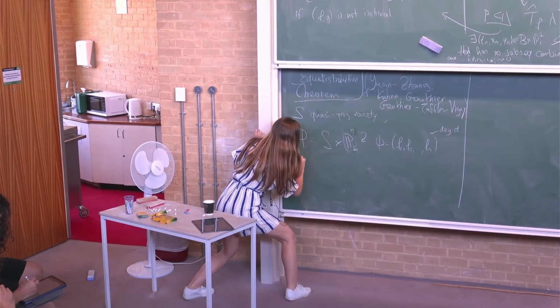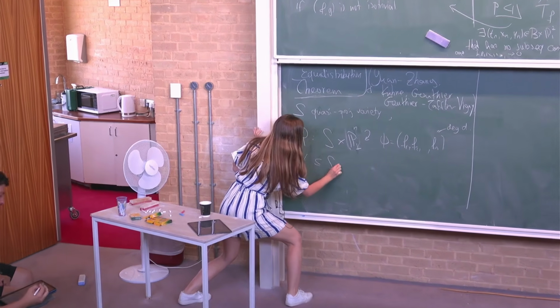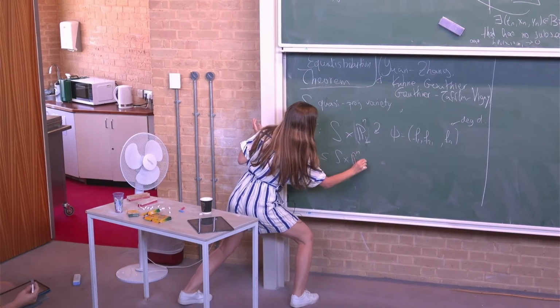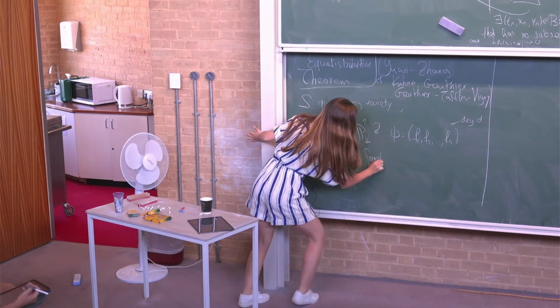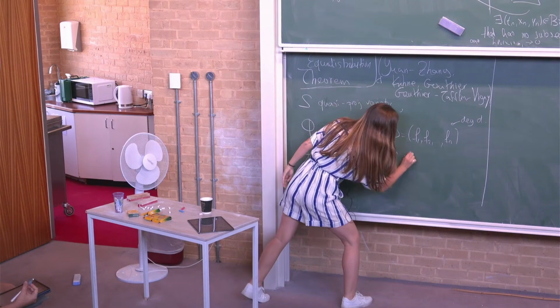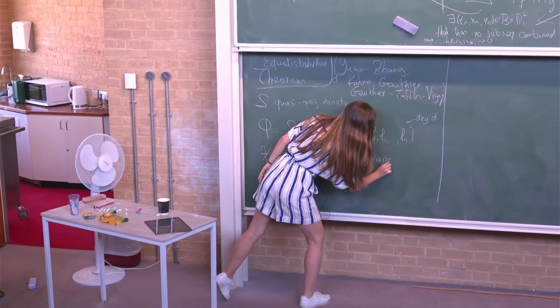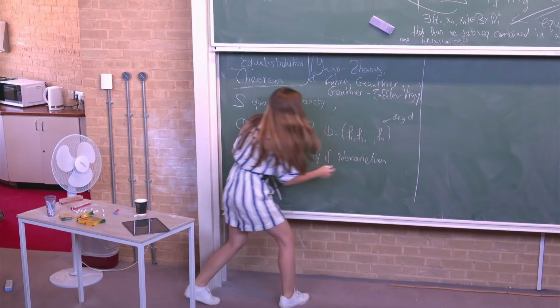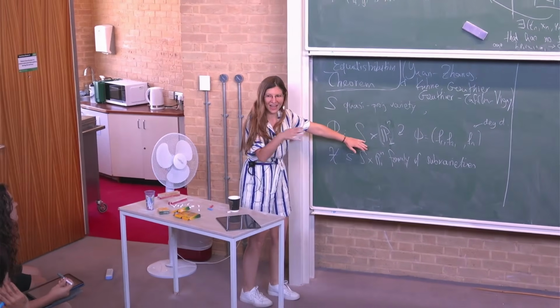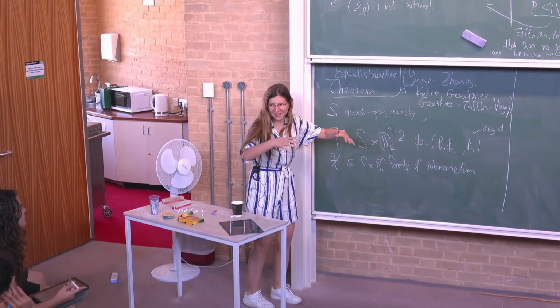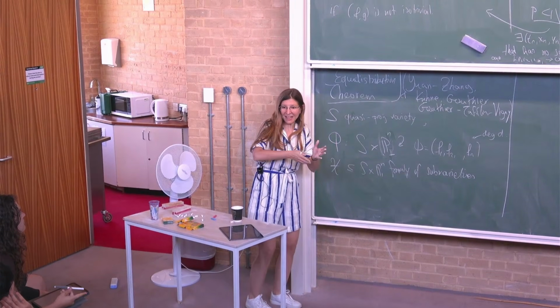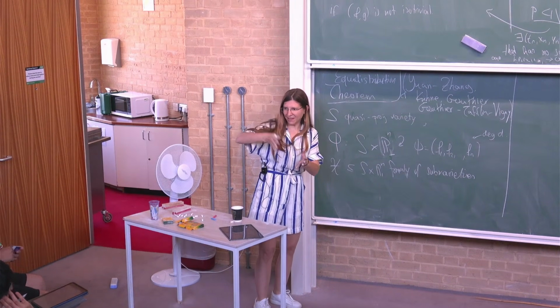Right, now fix also X, a family of subvarieties, which is flat over S. Okay, this means it doesn't live in a fiber.